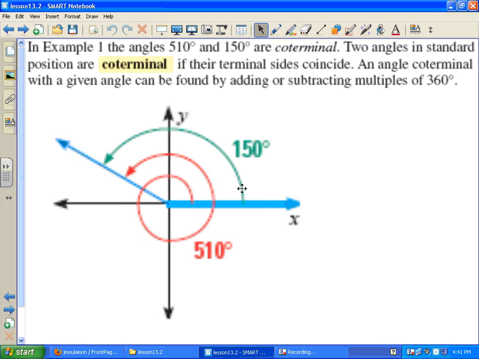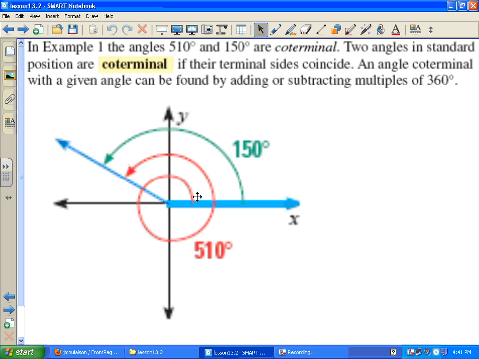If I rotate 150 degrees, my terminal side is here in the second quadrant. If I rotate 510 degrees, I go all the way around, that's 360. Another 90 would be 450, and then another 60 degrees will put me in the exact same place for this terminal ray.